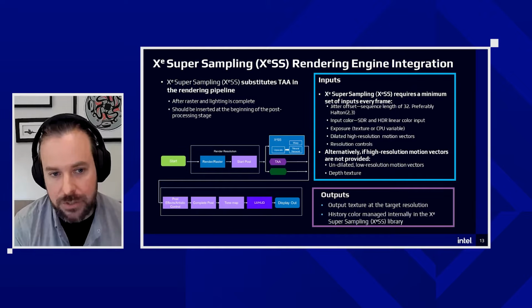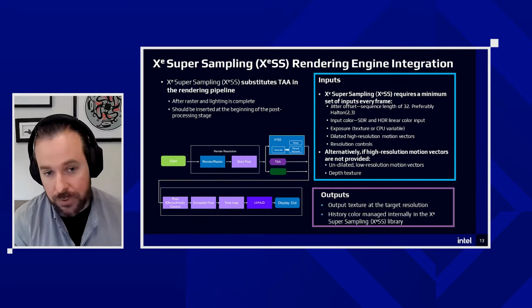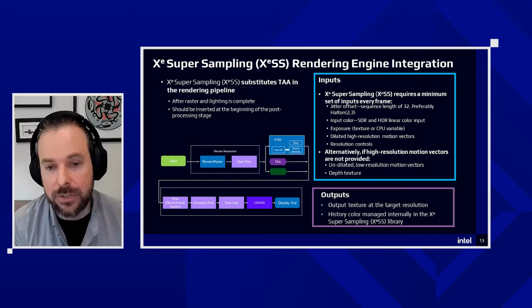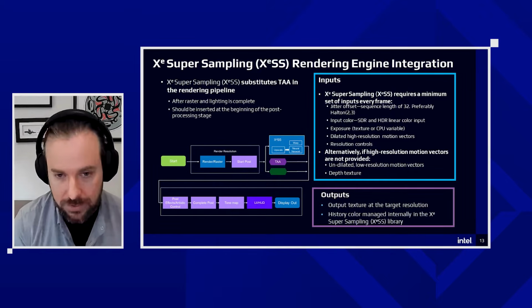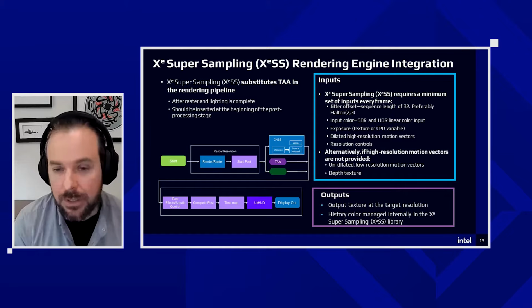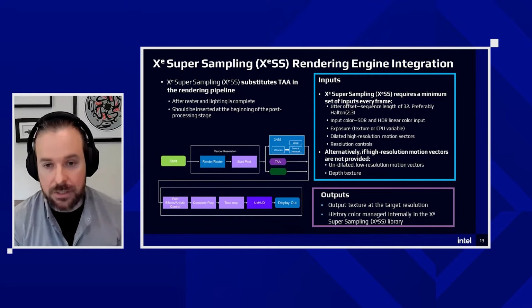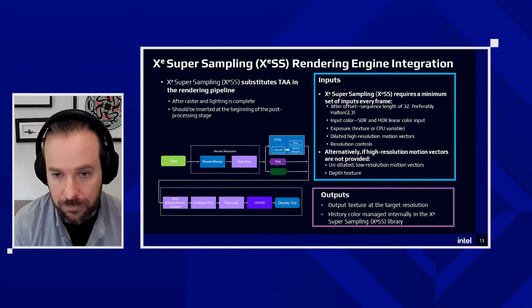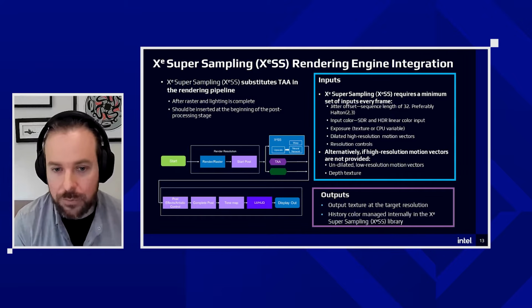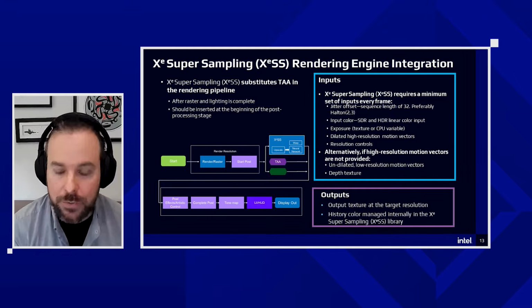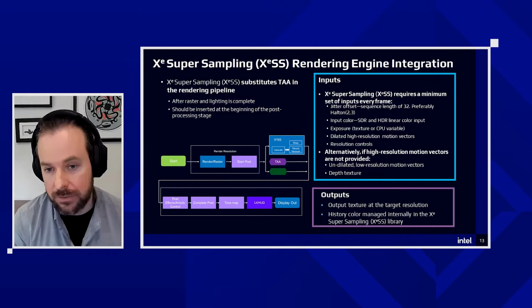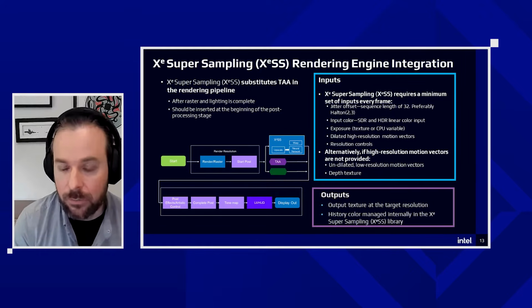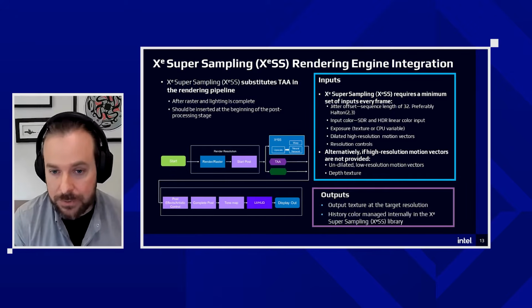all of these stages. But if you don't have TAA enabled in your engine, it's still just a couple of steps that are needed to integrate XeSS into the rendering pipeline. First of all, XeSS takes a couple of inputs that are required each frame and have to be passed to it. The first one is the jitter offset, and ideally this should be a Halton sequence with a length of 32 samples.